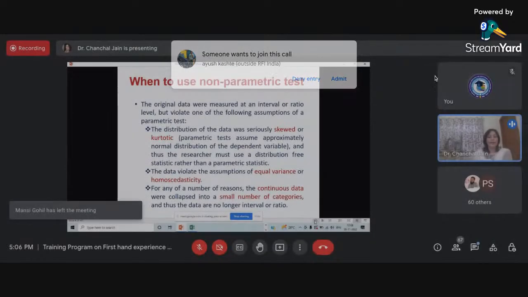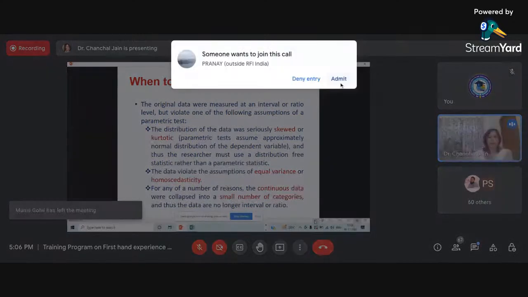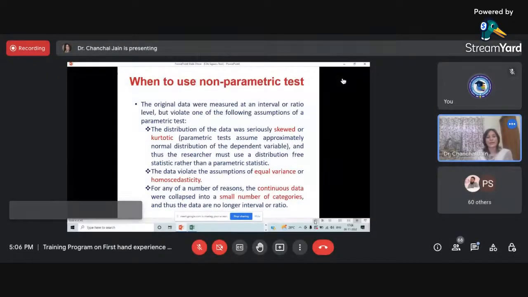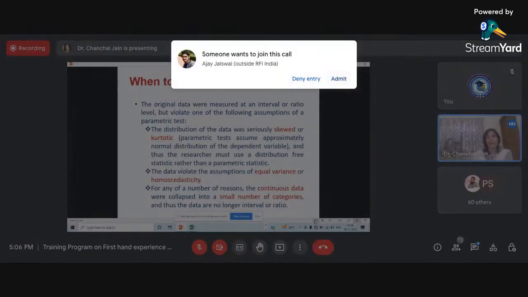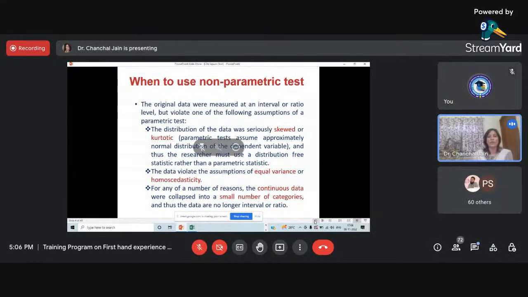Then, the data violate the assumptions of equal variance or homoscedasticity. That means in parametric tests, one assumption is that the groups in the continuous variable should have equal variance, or should be homoscedastic.